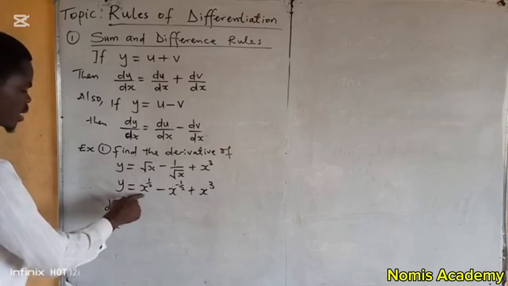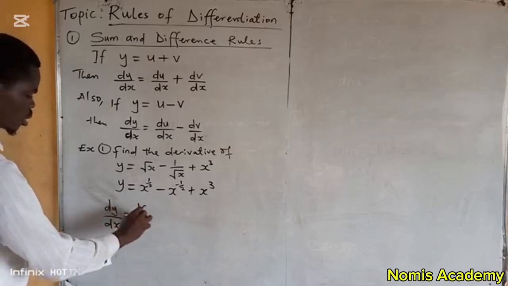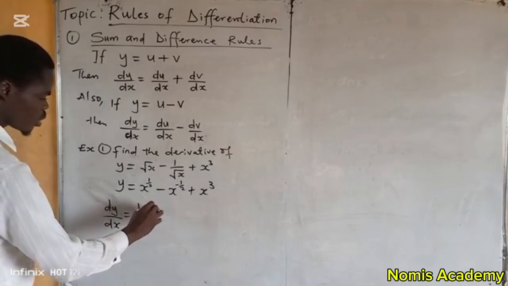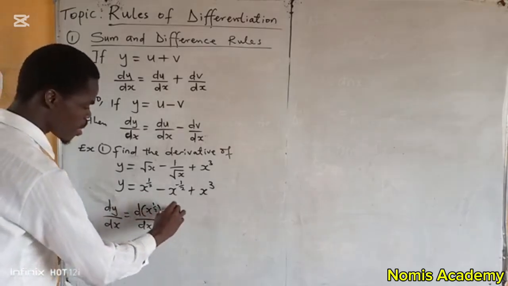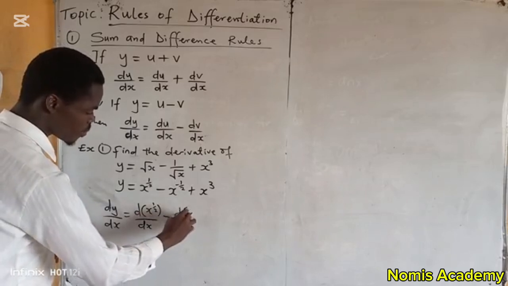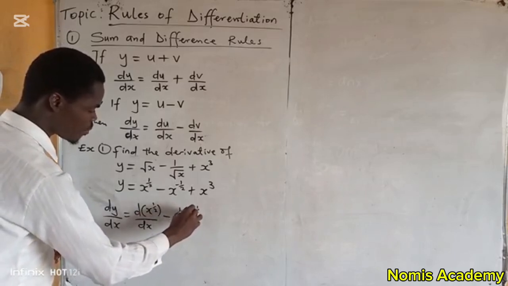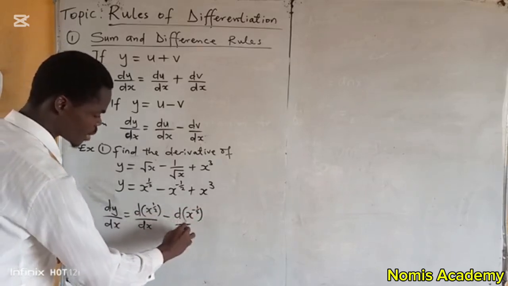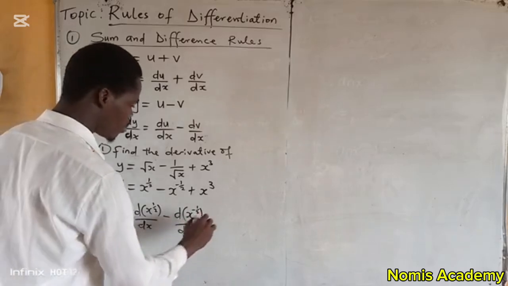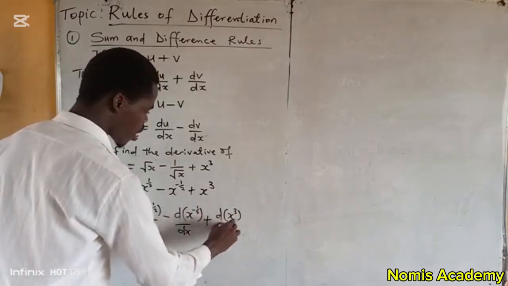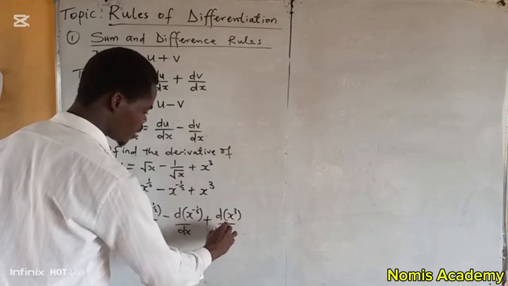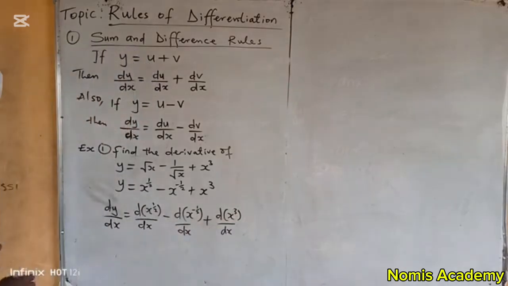So we are going to find the derivative of this function: d of x raised to the power of half over dx, minus d of x raised to the power of minus half over dx, plus d of x cubed over dx.